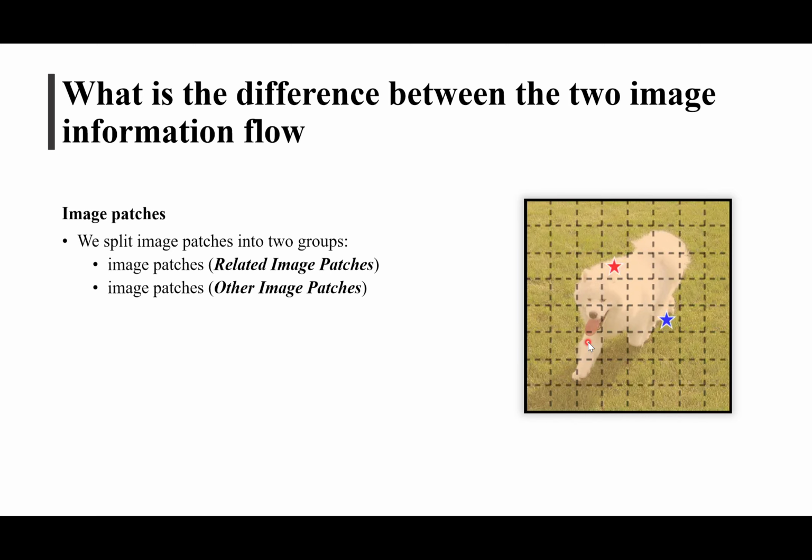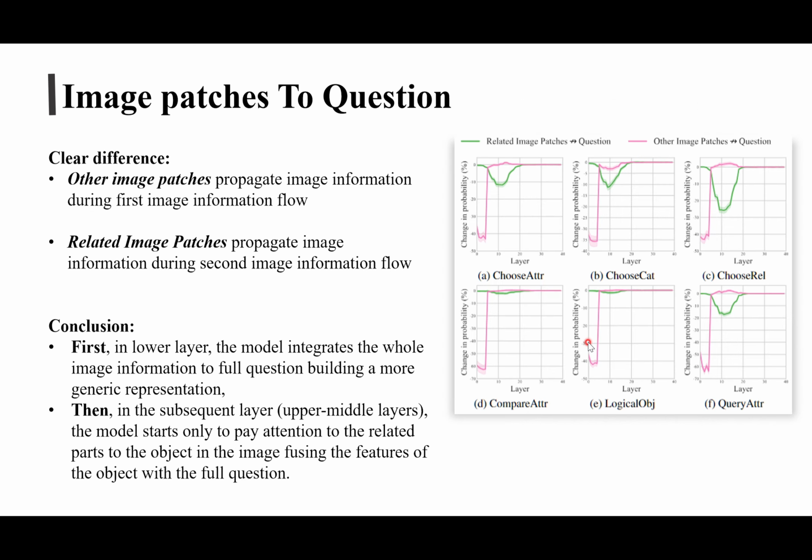So we do the same thing as in the previous slide. We block attention edges between these two different image patch groups and the question separately, and we see the change in the probability. The result is here.